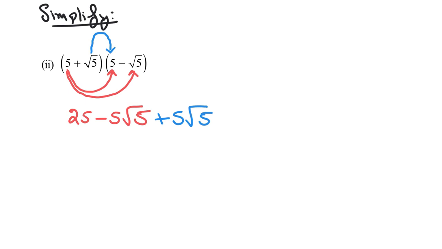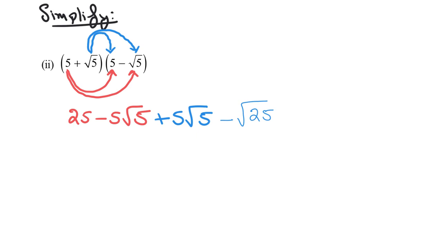Let's go back to the sign again. Plus times minus is minus. So now we dealt with the sign. Root 5 times root 5 is root 5 times 5, which is root 25.